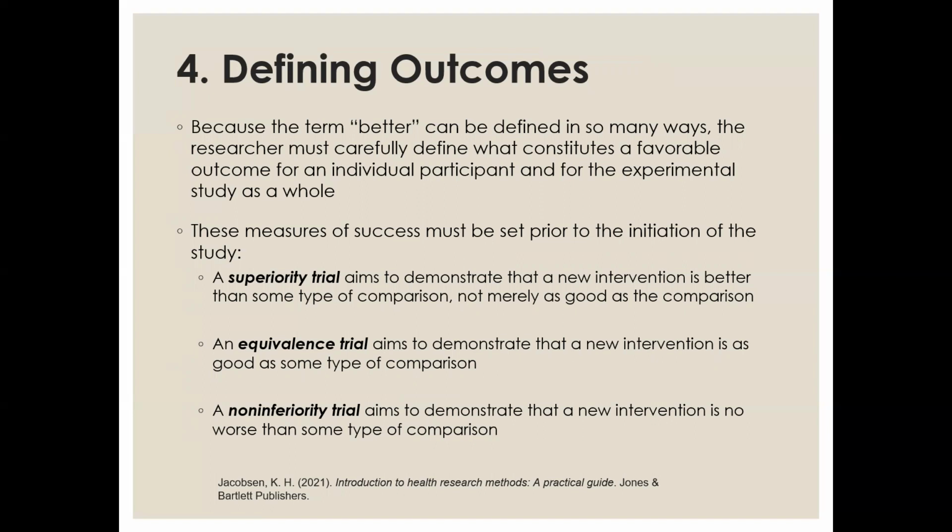And then non-inferiority says, well, it's not worse, right? So think about what you're testing. I would think you want to test that your new measure is at least equivalent or superior. Saying it does no worse than the existing one might be a way to start, but eventually you want to say that your new measure or your new trial or your new protocol is going to be better, right? That's the goal.